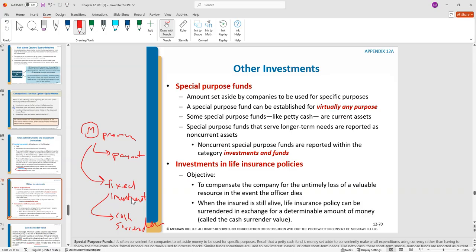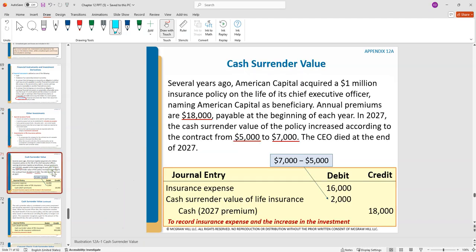It basically represents the amount the policyholder receives if they cancel the policy before death or maturity. Why we care about this is when we make the monthly or periodic payment, we have to figure out how much of this is going towards the life insurance policy versus how much is going towards the fixed investment, and account for it accordingly.